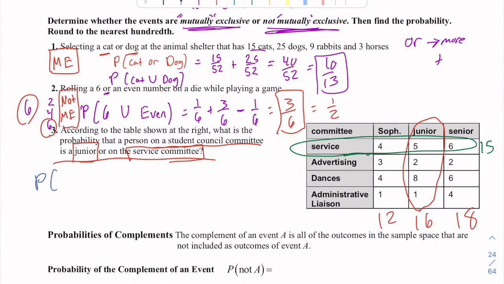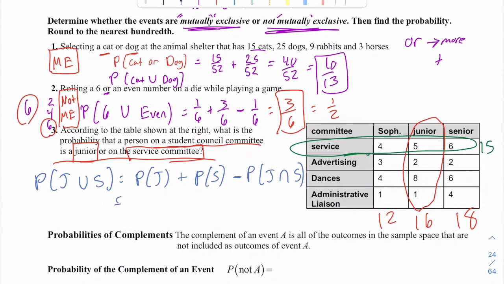So the probability of being a junior, or, that usually means or, on the service committee. So probability of being a junior plus the probability of the service committee minus the probability of being a junior and, like the letter N, the service.